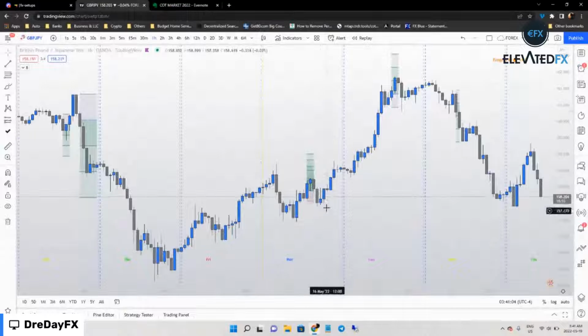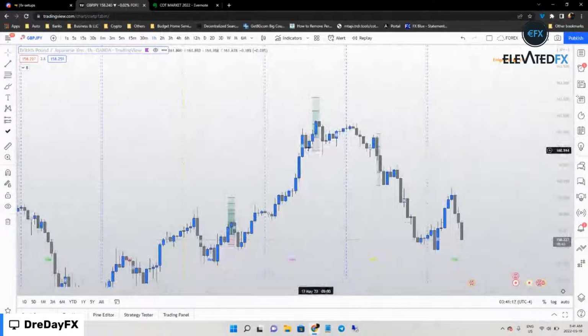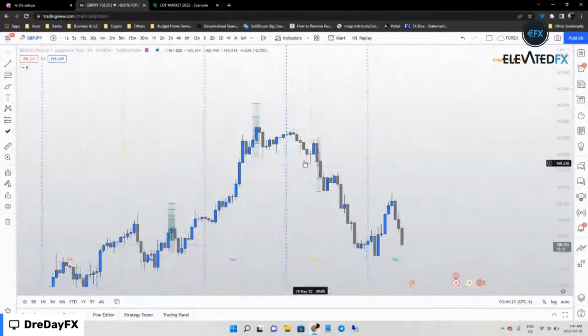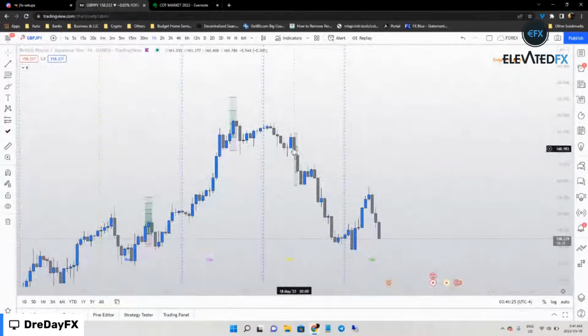And as you can see, this one, it hit TP1 at this candle and went back down. So that's a winner. Then you have this one that hit TP1, went back down. That's another winner. This one was a down setup.